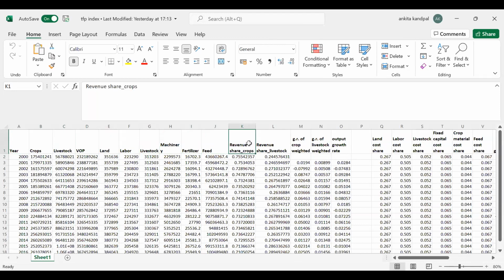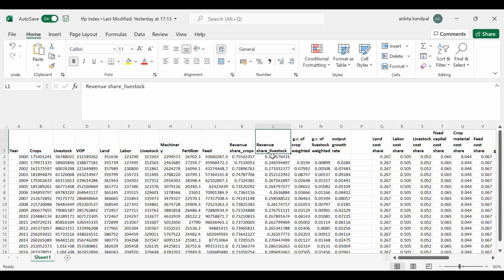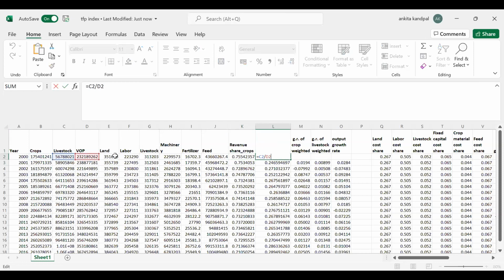Then I have calculated revenue share, which is the share of crop in total value of production yearly. Similarly, revenue share of livestock.